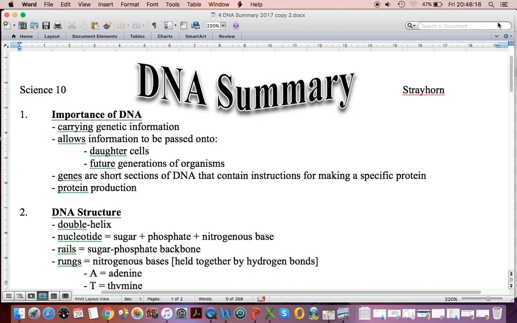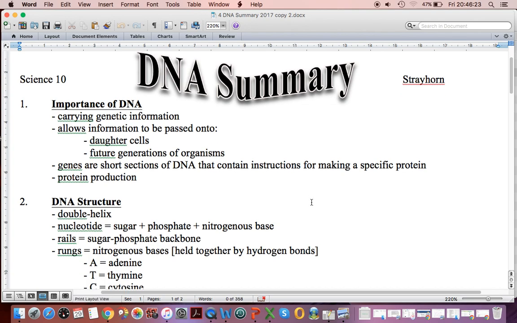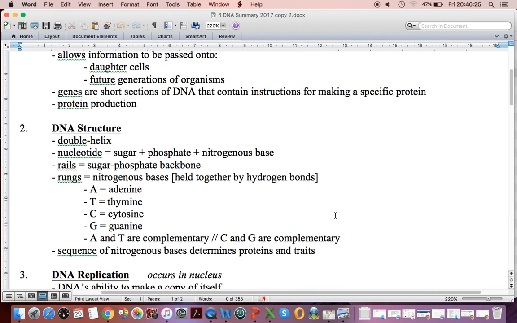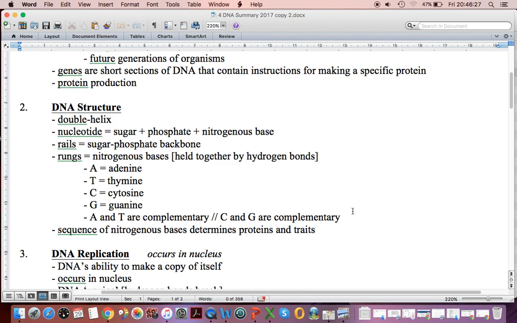And so you should know what genes are, the short sections of the DNA that basically are going to code instructions. You should know that DNA is the double helix or twisted ladder. You should know that a nucleotide is a sugar, a phosphate, and a nitrogenous base. And those nitrogenous bases are going to be our A, T, C, or G when we're talking about DNA.